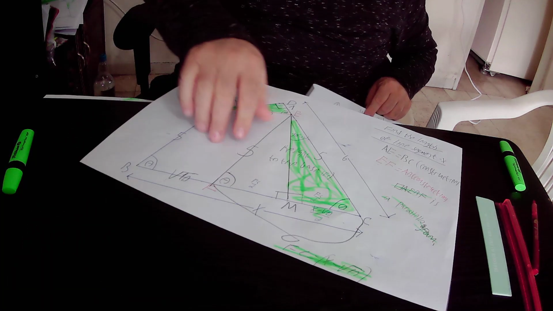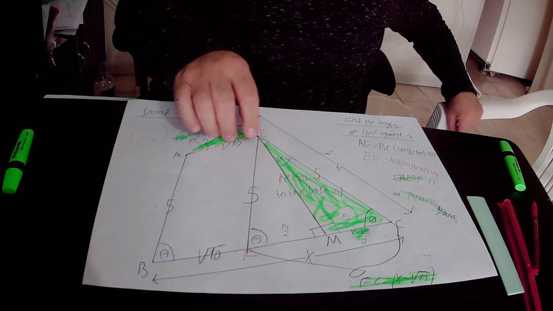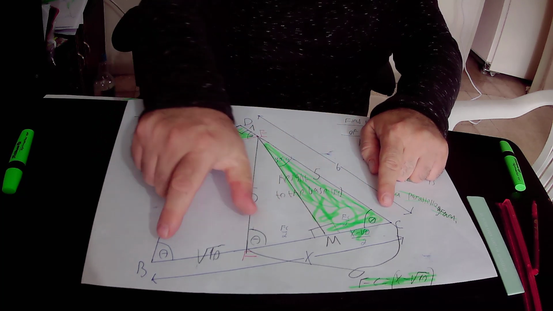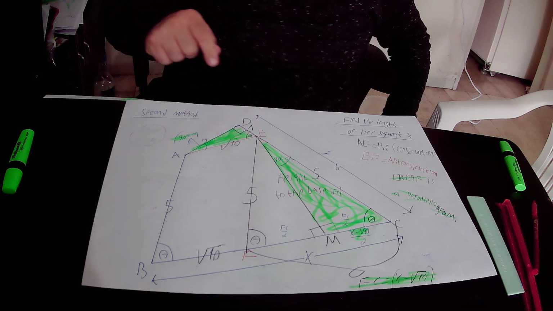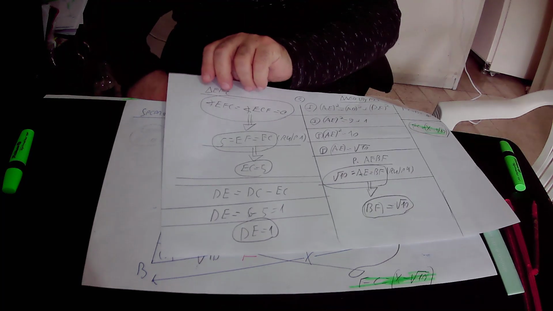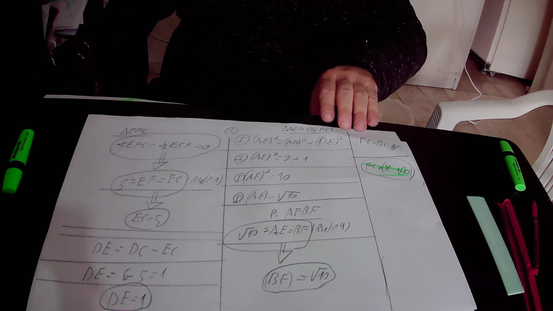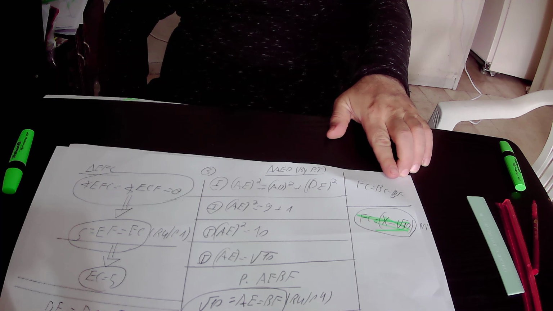And what is the length of side FC? From the drawing, it is very easy to see that FC equals BC minus BF. Again, BC minus BF equals FC.